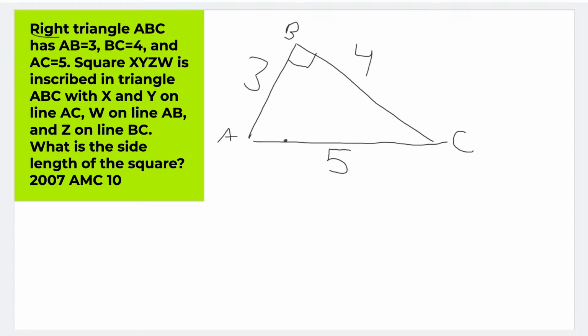W is on line AB, and Z is on line BC, and this is a square. It's very messy, but okay. We want to find the side length of the square.